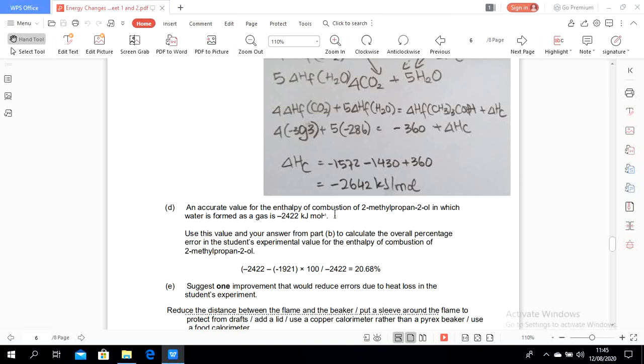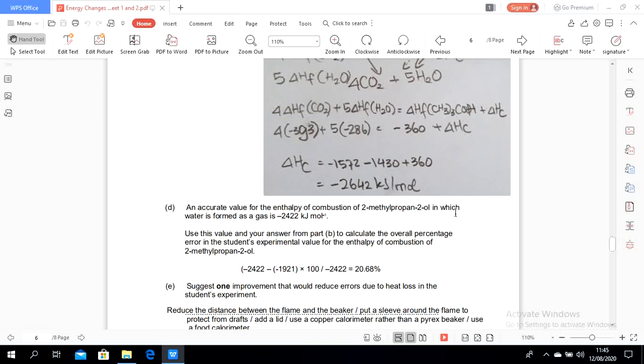Why is the result not accurate? Because when a person does the experiment, he or she must use his or her own conditions. If accurate, then the pressure must be exactly 1 atm, and the temperature must be 25 degrees Celsius. We know in a common school laboratory it is not at 25 degrees Celsius.